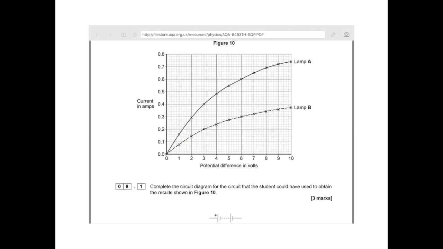What you then have to do, I need to turn back to the question, is determine the range of values of potential difference which enable you to say the lamps are obeying Ohm's law. So have a look again at that graph and you'll see that it's between 0 and 2 volts.